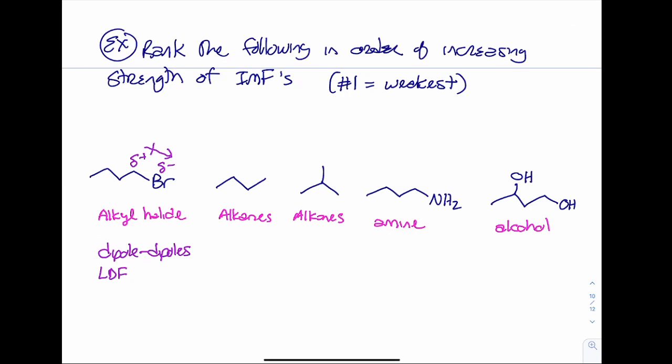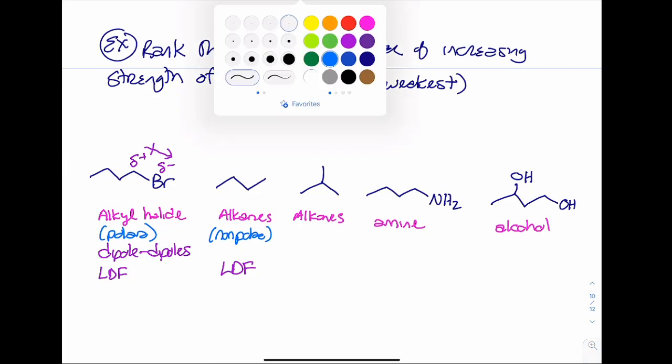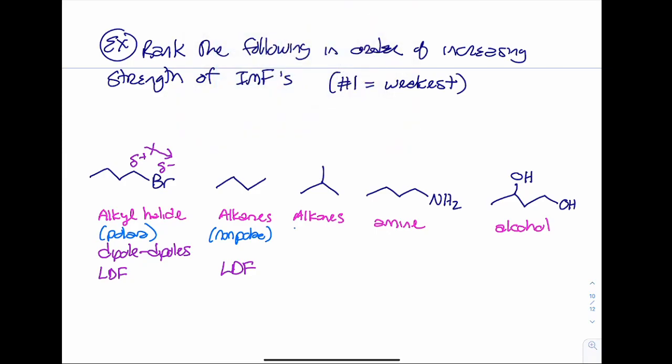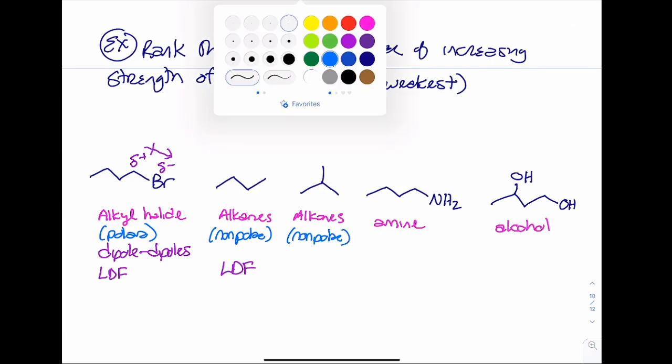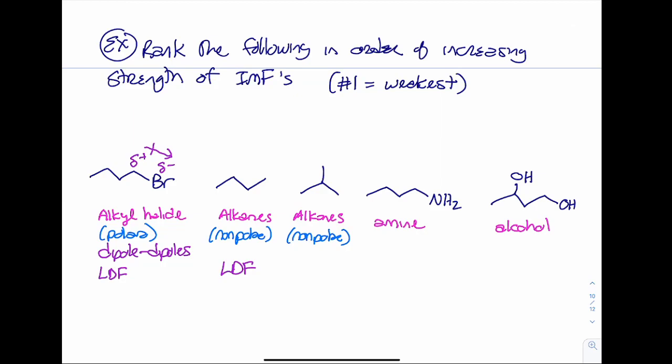Because it's nonpolar, it's only going to have London dispersion forces. So nonpolar. Going back to my alkyl halide, just so we can be consistent, that's polar. And then when you go back and look in your notes, you can see why. This next one is also an alkane, so also nonpolar. So it's only going to have London dispersion forces.